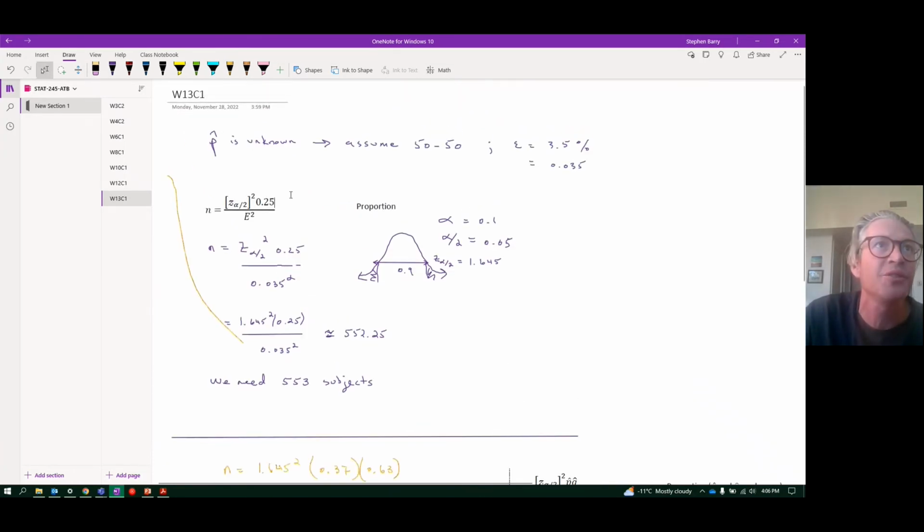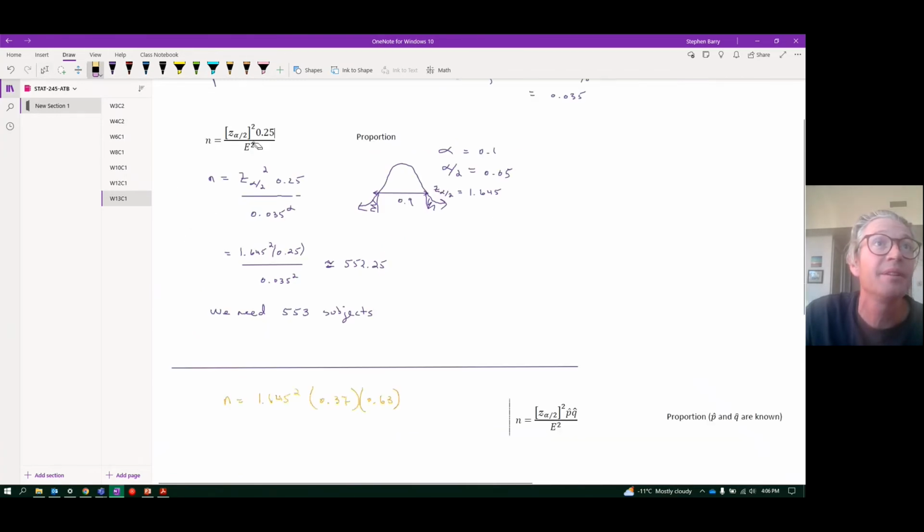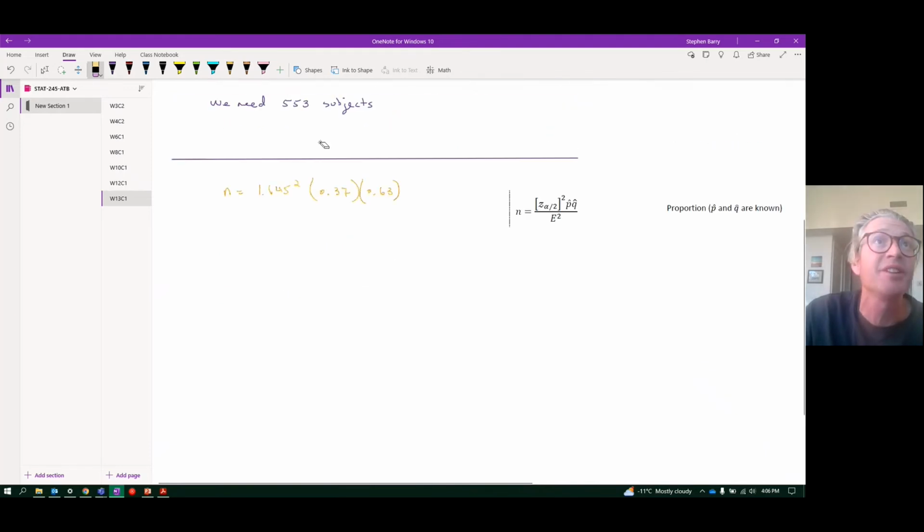So if you don't know, you use this. Right? If you don't know, you assume 50-50. If you do know something, then as you're going to see, it's a smaller sample size because you come in with prior information. Right? If we have information, it's more valuable than if you don't have information, which is a major theme of this course.